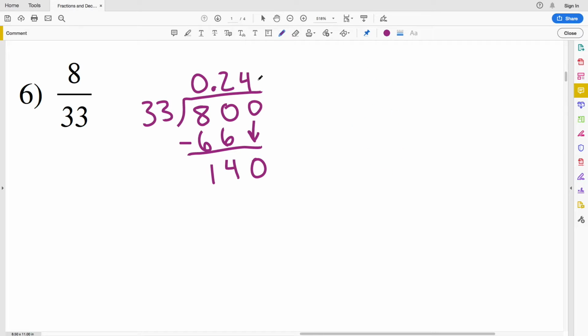So 4 times 33 is 132, and when we subtract that, we'll get back to what we started with, 8.